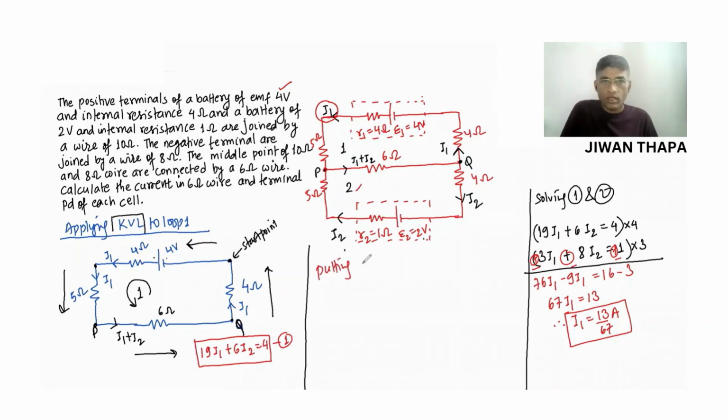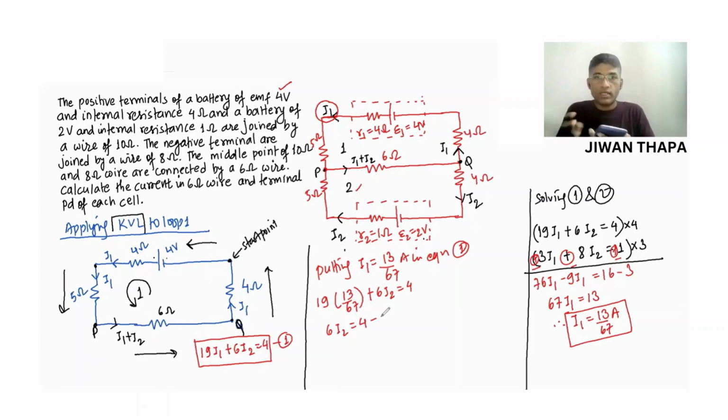Now putting I1 equals 13 by 67 ampere in equation 1, 19 times 13 by 67 plus 6I2 equals 4. So what we get? 6I2 equals 4 minus 247 by 67.